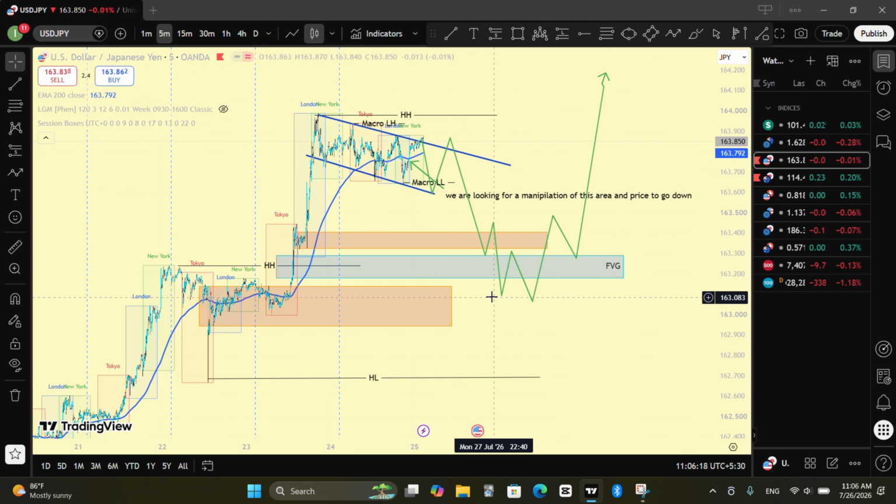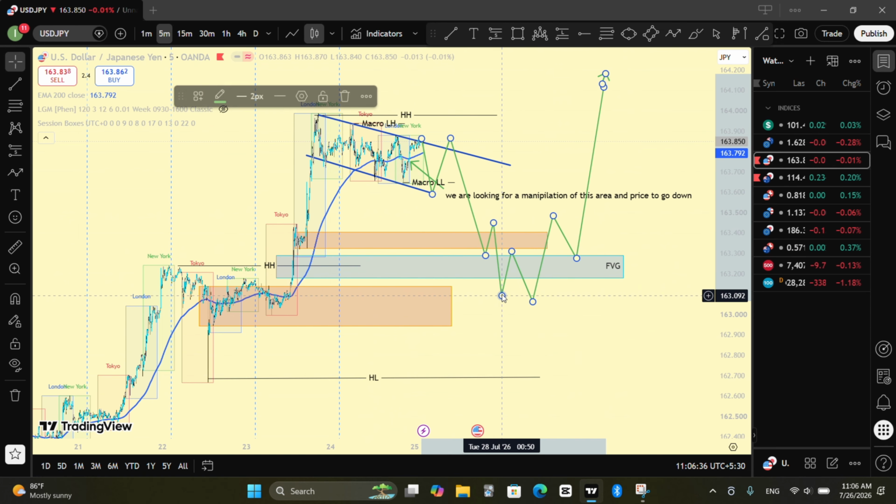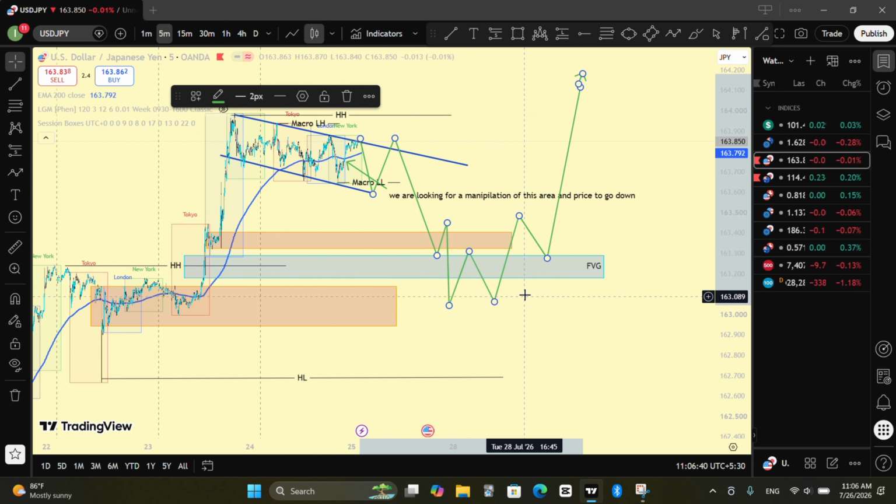So we have to look for a structure shift on the 5-minute or 1-minute chart. Currently price is, I think, bullish, and the price has to break this low right here. Then price has to make a fair value gap. That's where we enter.